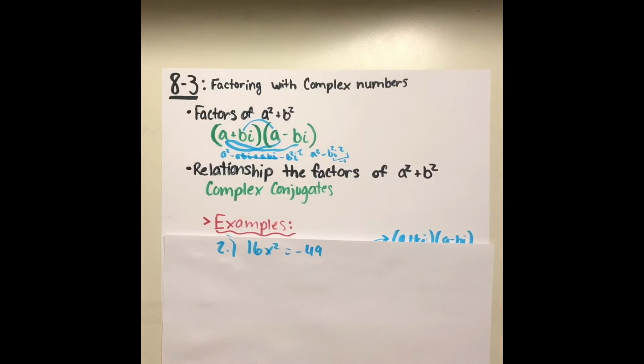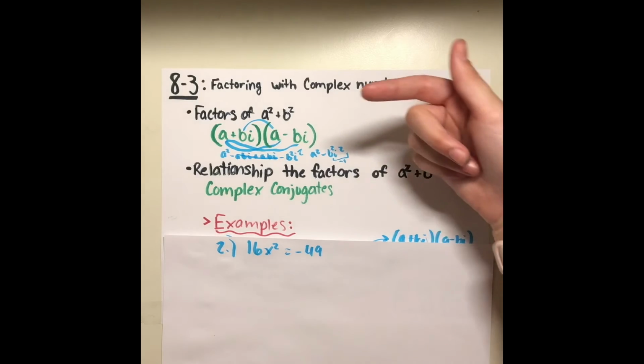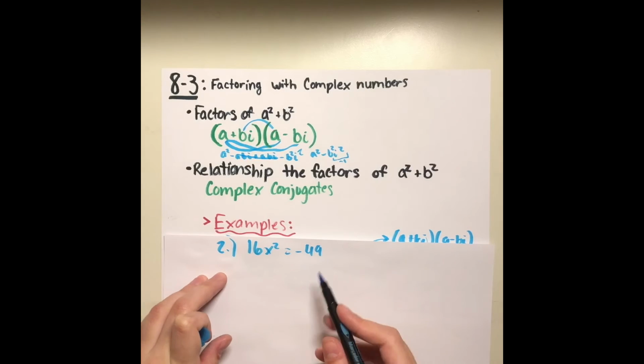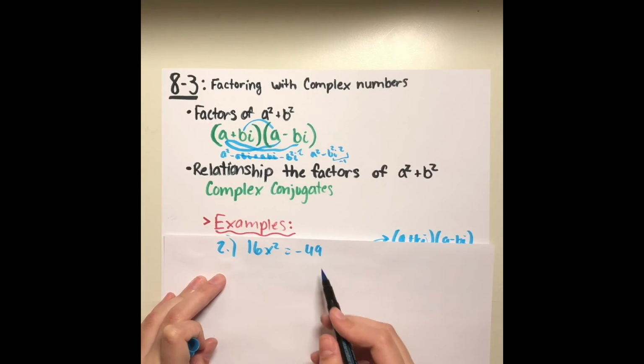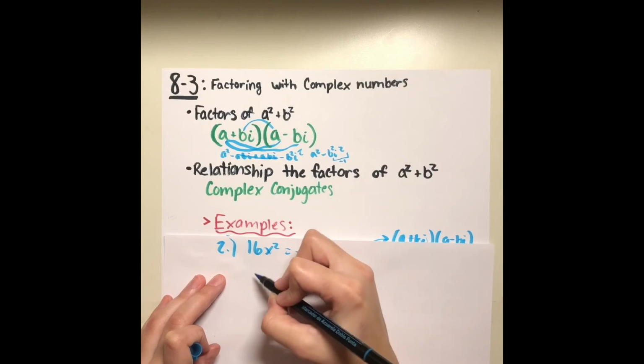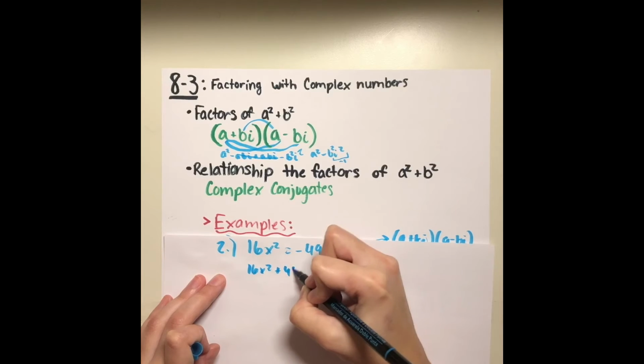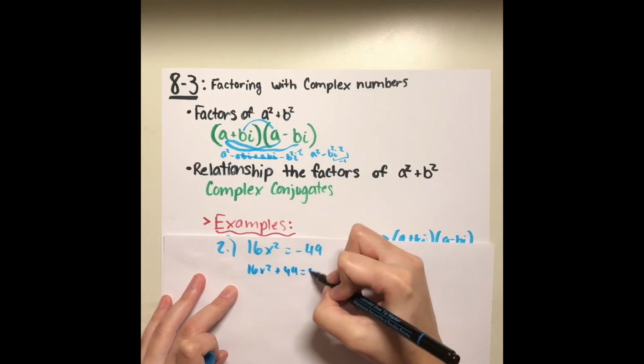Well, it's not in the form of a squared plus b squared yet, so we can move the negative 49 over to make it positive 49. So 16x squared plus 49 equals 0.